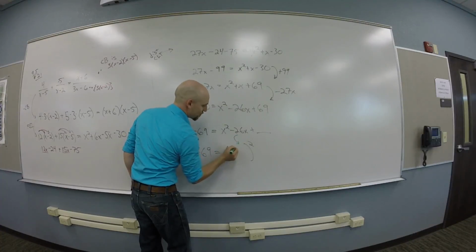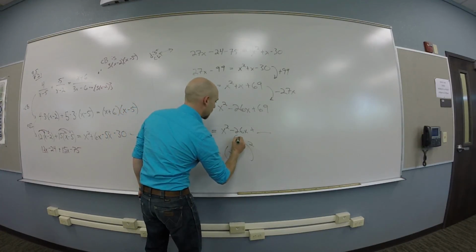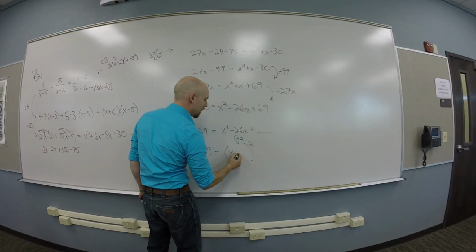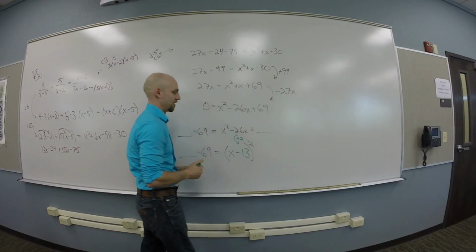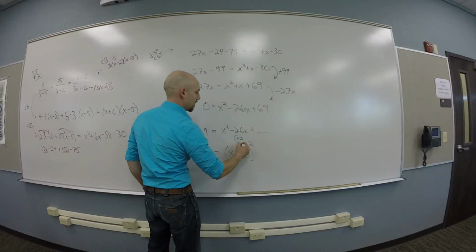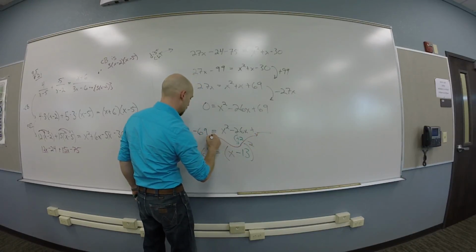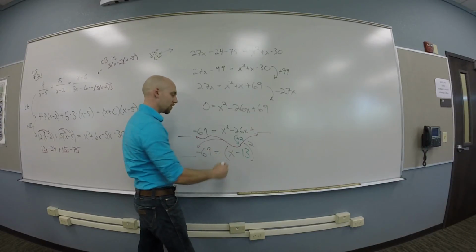How do you get from this minus 26 to the number in the blank? Divide by 2. Okay, we'll divide by 2. So that'll give me minus 13. And then how do I fill in the blanks? Square the result. It's 13, I should be squaring the result, right?